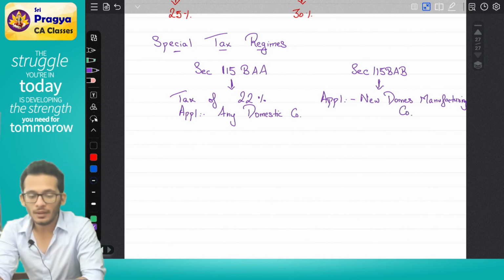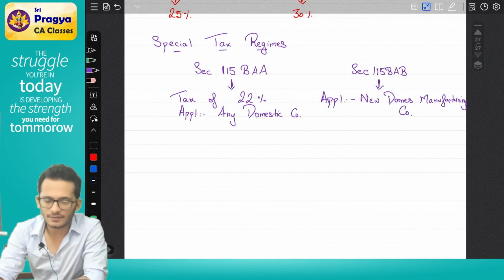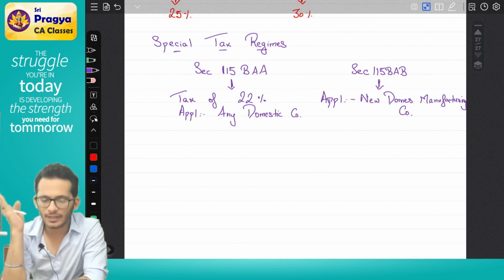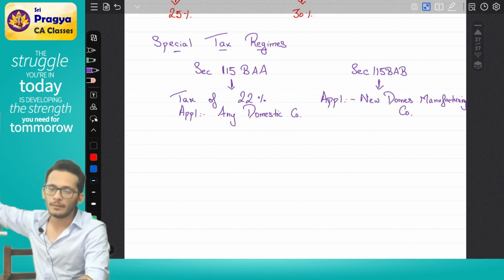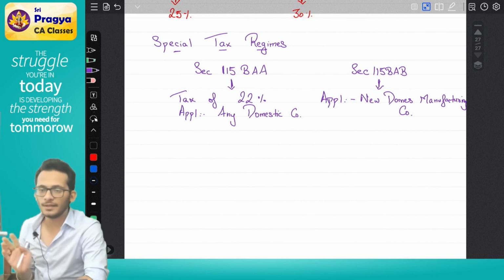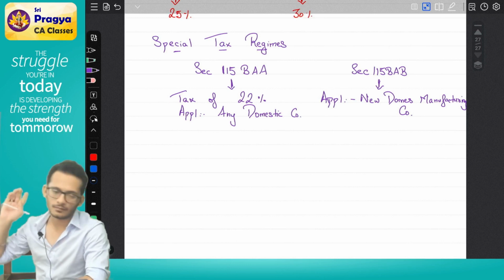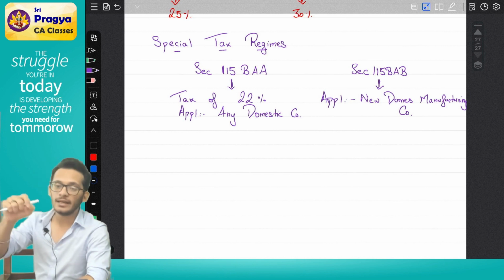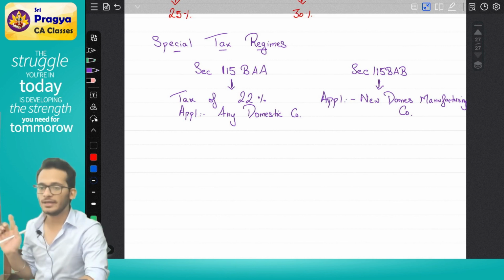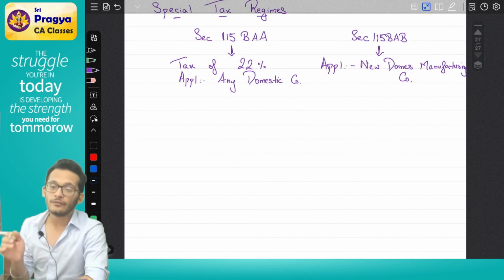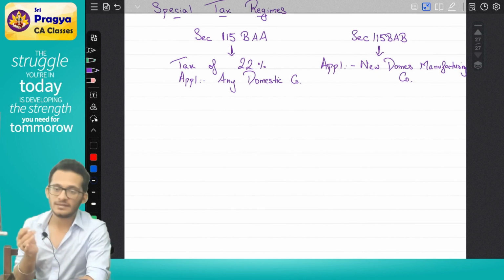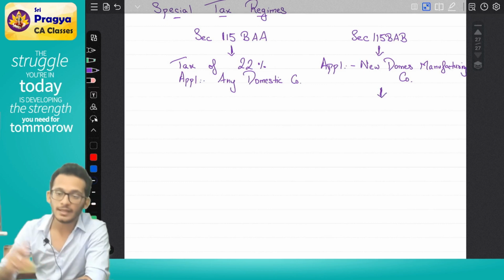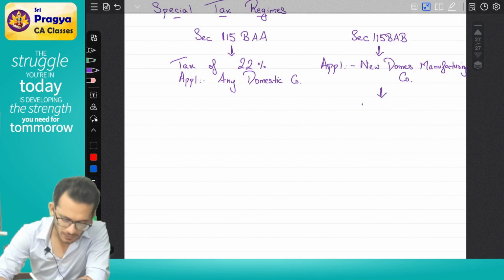It is applicable to whom? New domestic manufacturing companies, which means if you are a manufacturing company, you can choose either 115 BAA or BAB. If you are a service sector company, you can only choose BAA. For you to get into BAB, you should be into manufacturing. They said, Rahul, if you are a new domestic manufacturing company, don't want 25, don't want 30, don't want 22, no problem, I will give you 15.